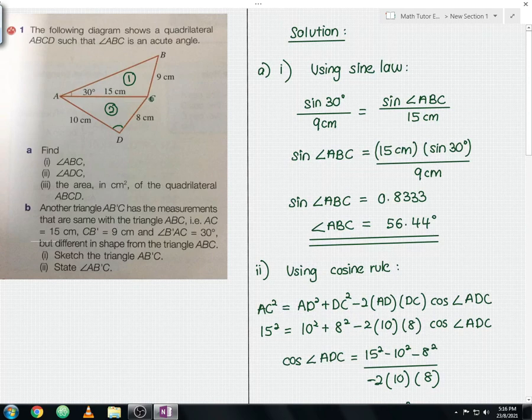Length AC is given over here, but unfortunately length AB is not given, so we are unable to find it using this sine 30 degrees. Same thing over here, angle ABC is given as 56.44, but we don't know the length of AB, so this angle also is not possible. So the only way possible is by using the lengths of AC and CB and finding the angle ACB. So how are we going to do that?